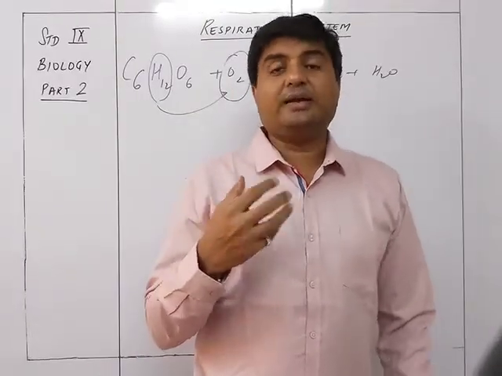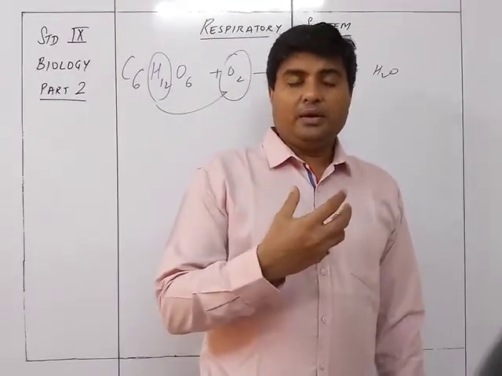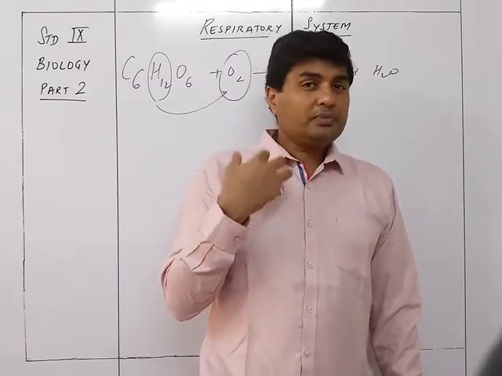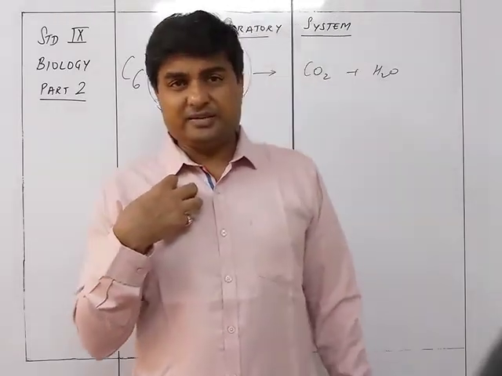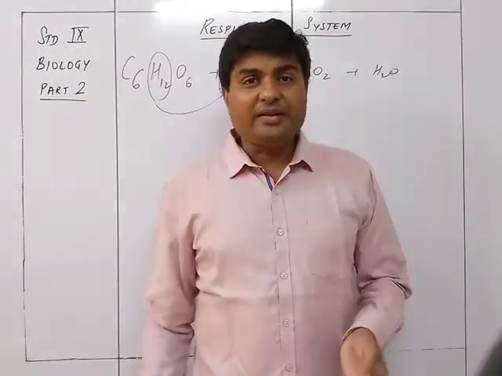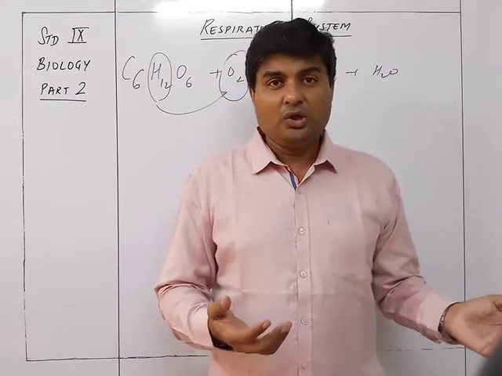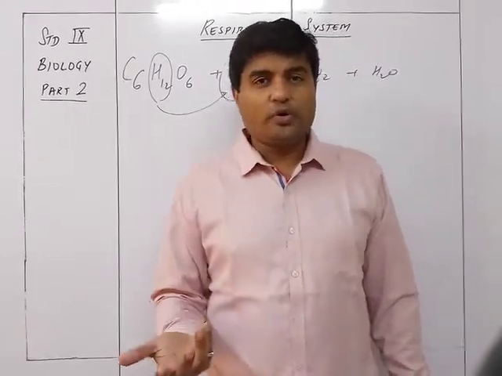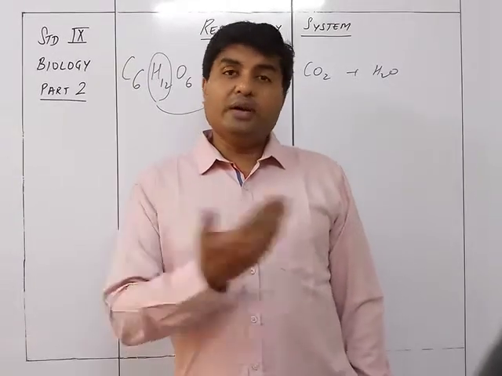The first thing is that the air we breathe in is going to be made warm inside. See, our body temperature is 37 degrees Celsius. The air outside may be at 10 degrees Celsius if you are in a very cold place, or it could be 24 degrees Celsius like a normal room temperature, or even lower than that.